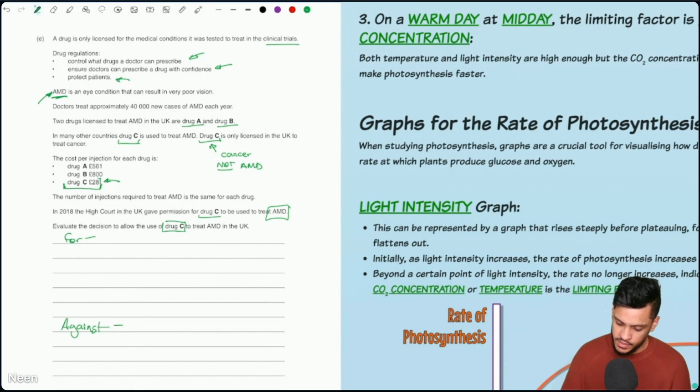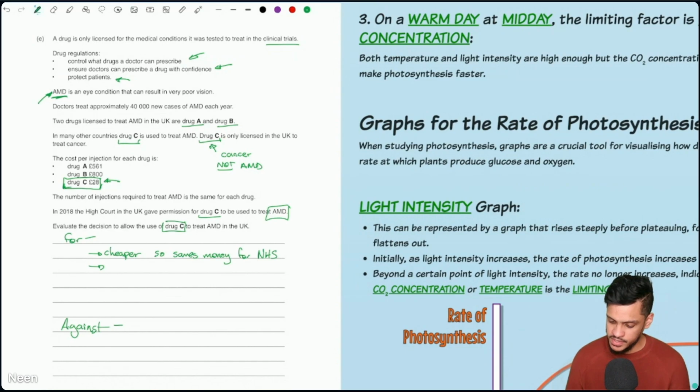Main thing is here. Look at the price. It's cheaper. So whenever it comes to the medical field, think about the NHS. It's cheaper, so it saves money for the NHS. That's one thing. You can do some calculations here.